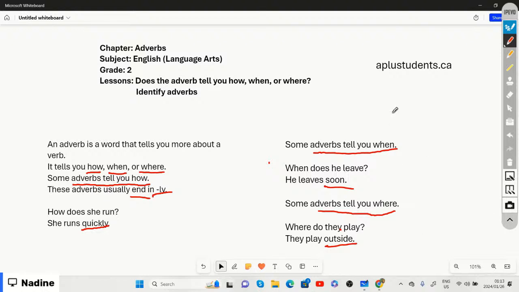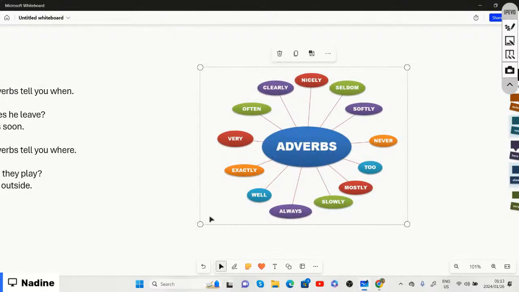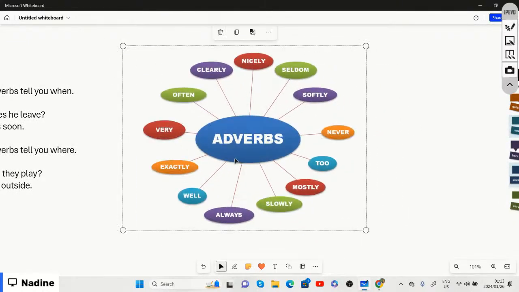And we are doing our tutorial lesson on aplusstudents.ca. And if we look at this adverb wheel, we see that an adverb tells you how, when, or where.